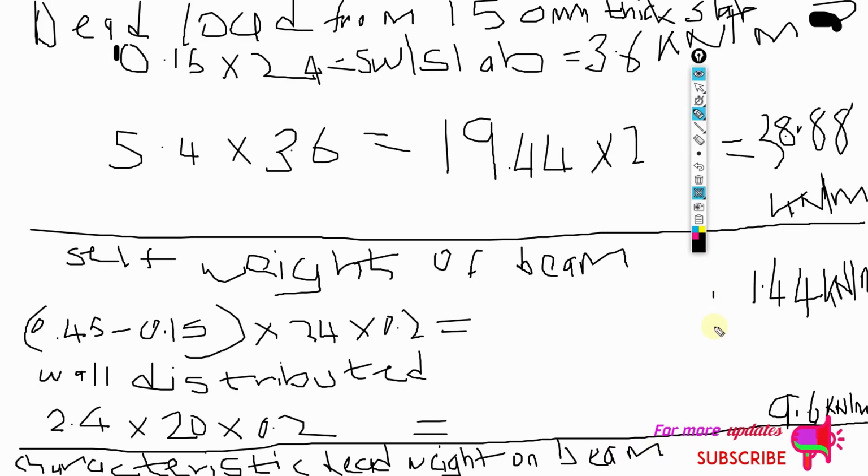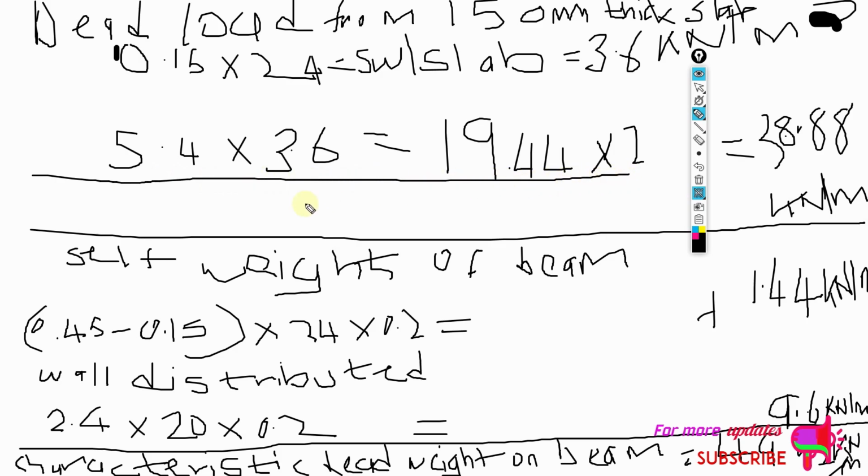It will be equal to the summation: 38.88 plus 1.44 plus 9.6. That will be equal to 49.92 kilonewtons per meter.